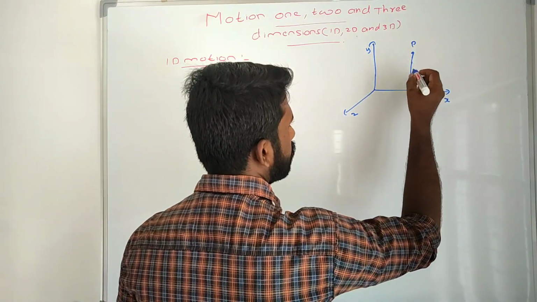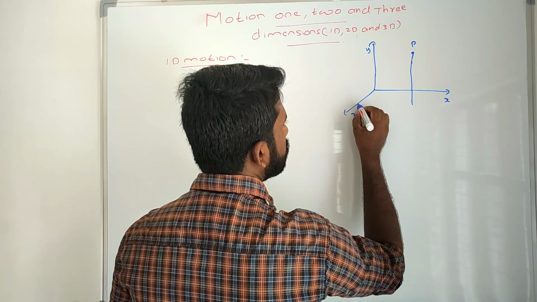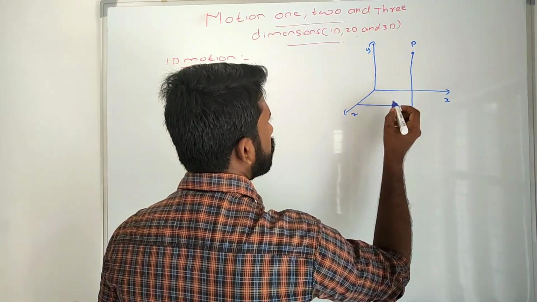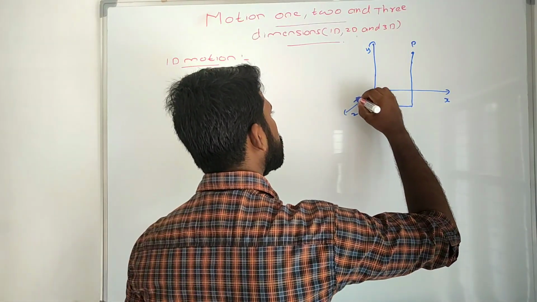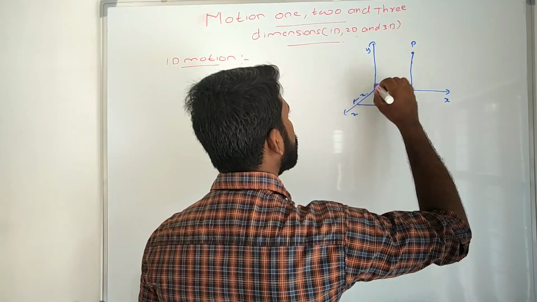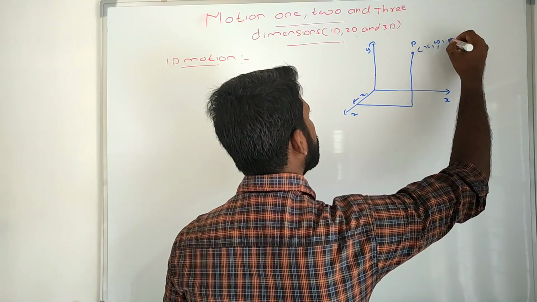I want to find out how much is the distance from here. From this you can get this distance. That means this distance is Z1. This point I have taken as x1, y1, z1.